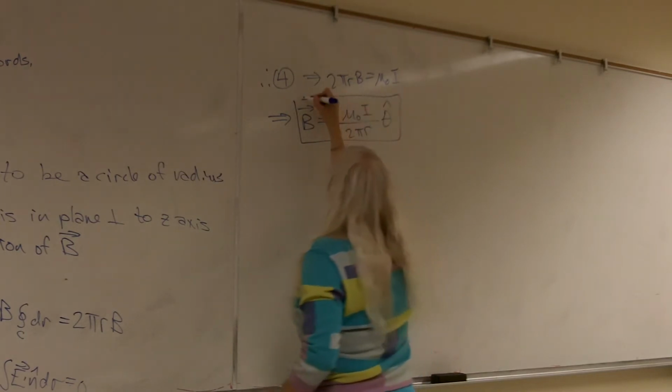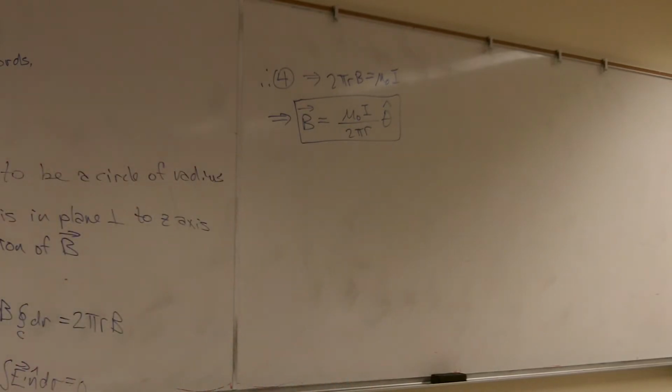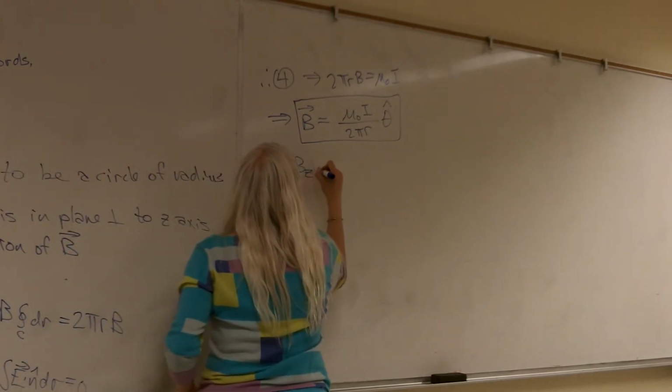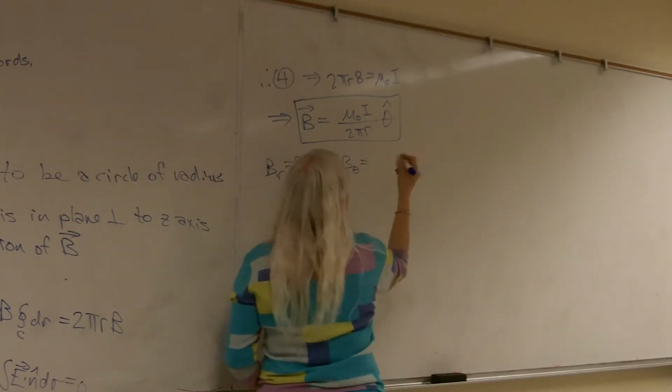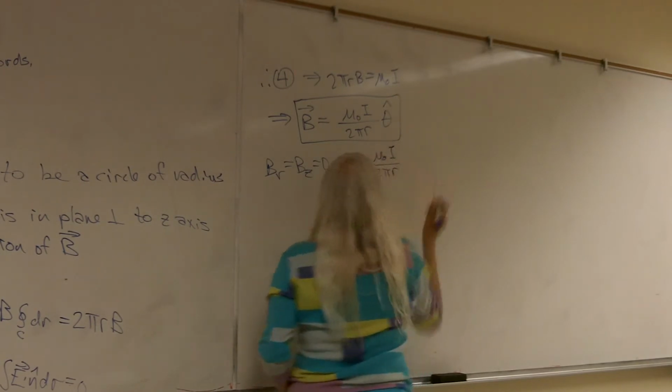We kind of assumed that B was in the theta hat direction because we already knew it. But I do want to point out that it is possible to show that B is in the theta hat direction. In other words, if we use cylindrical coordinates, B sub r and B sub z are both 0, and B sub theta, the coefficient of theta hat, is mu naught I over 2 pi r.